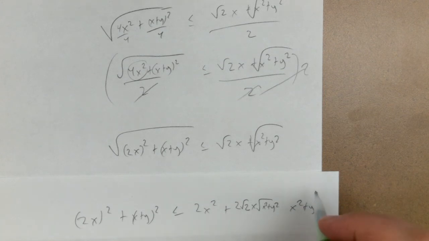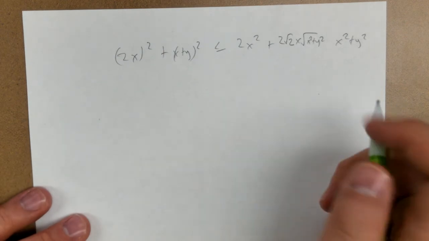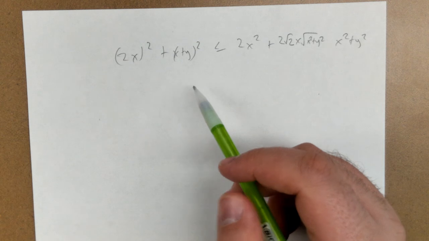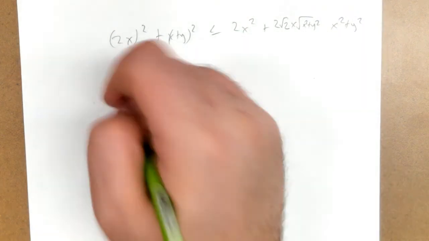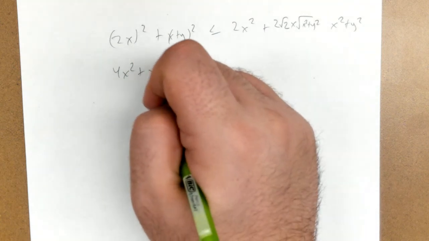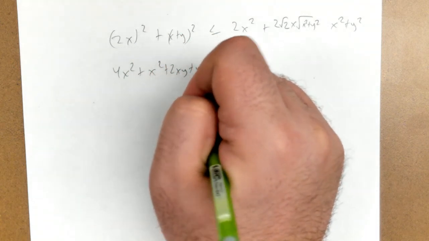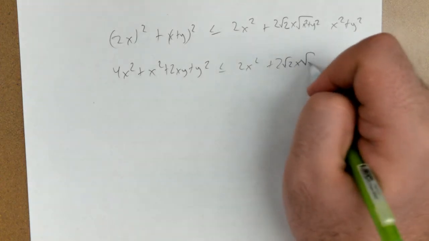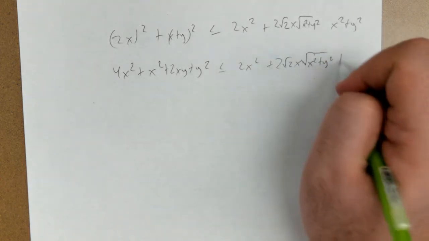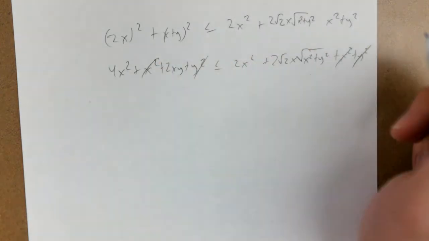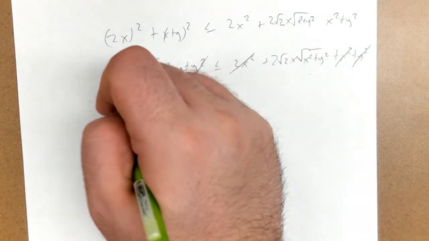Okay, so I can cancel lots of things now, but first I should multiply some things out so that I can try to cancel. So this is 4x squared. I guess I didn't really need to make it that way. So this crazy radical thing we'll leave alone, but let's cancel what we can. Y squareds cancel, x squareds cancel, 2x squareds become a 2x squared.